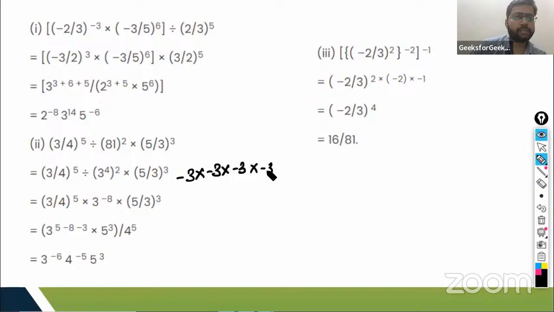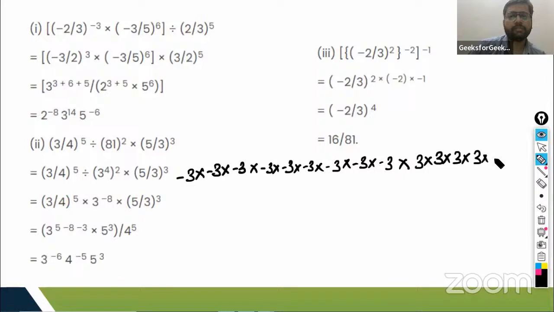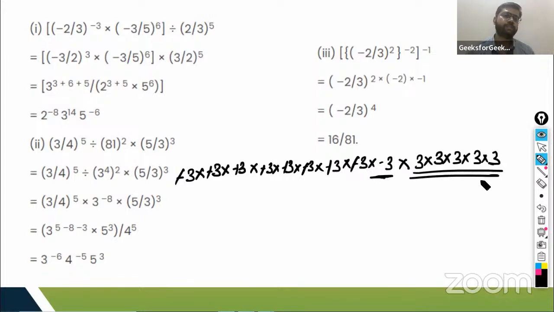So this will be minus 3 into minus 3 into minus 3 into minus 3 into minus 3 into minus 3. And that one part is 3 into 3 into 3 into 3 into 3. This minus minus cancels, this minus minus cancels, this minus minus cancels, this minus minus cancels. One negative has been left, and the remaining are all positive. So the first thing is all the negative parts have cancelled.